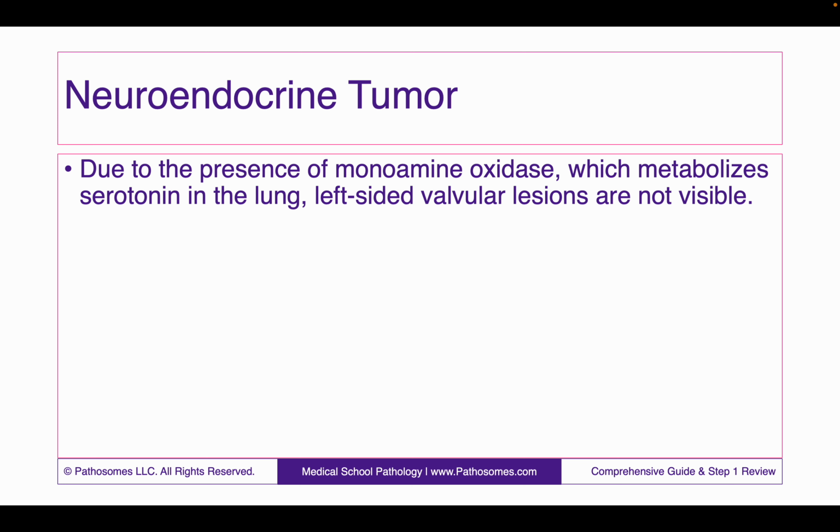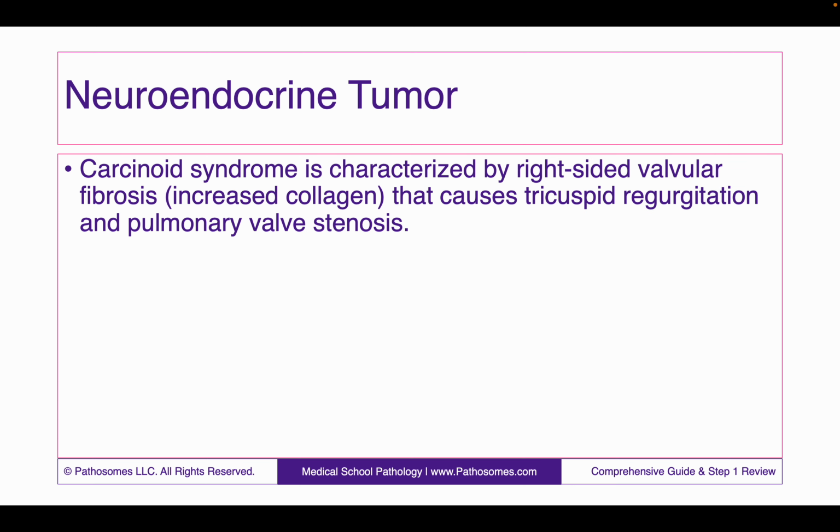Due to the presence of monoamine oxidase, which metabolizes serotonin in the lung, left-sided valvular lesions are not visible. Carcinoid syndrome is characterized by right-sided valvular fibrosis. This is increased collagen that causes tricuspid regurgitation and pulmonary valve stenosis.